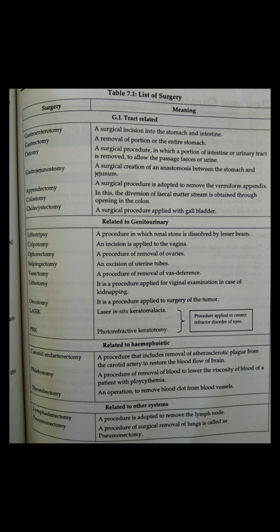Then related to the genitourinary system. First is lithotripsy, and the meaning is a procedure in which renal stone is dissolved by laser beam. Then colpotomy, meaning is an incision applied to the vagina. Then oophorectomy, meaning is a procedure of removal of the ovaries.